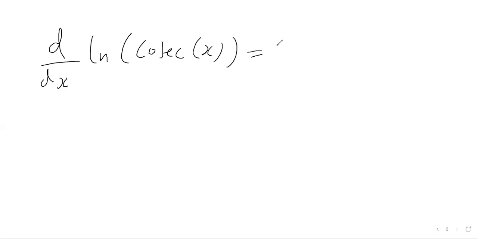So let's think about this. We've got the derivative of the natural log of cosec of x. We know that cosec is just 1 over sine. So this is the derivative of the natural log of sine x all to the power of -1.